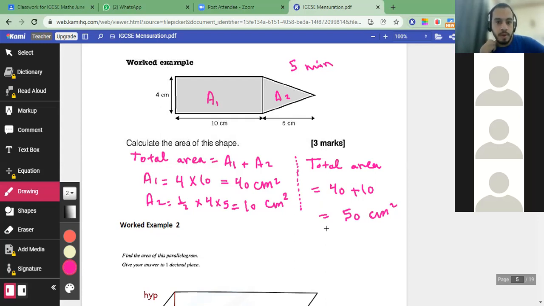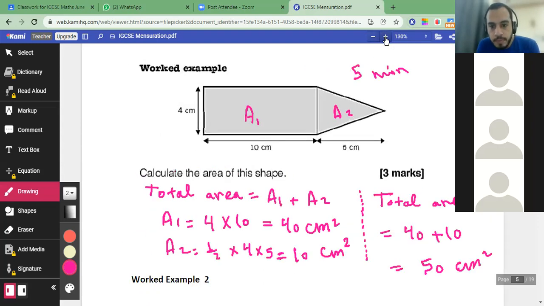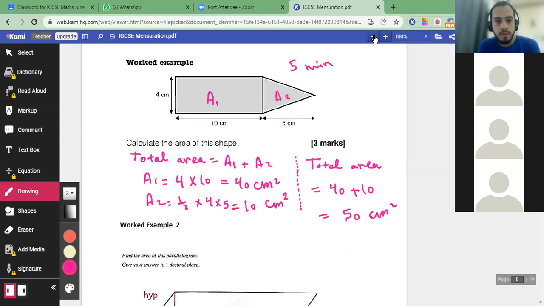Okay. But I think this is 6, I think. Let's zoom in to see. I think it's 6, not 5. So if we make it 6 here, it will be 12, and here 40 plus 12.